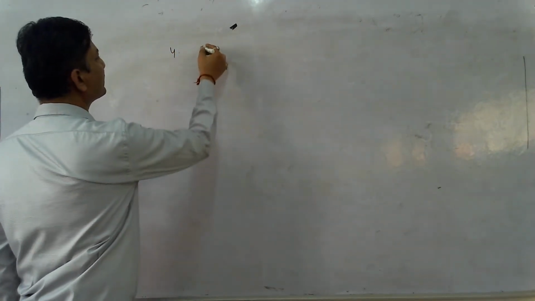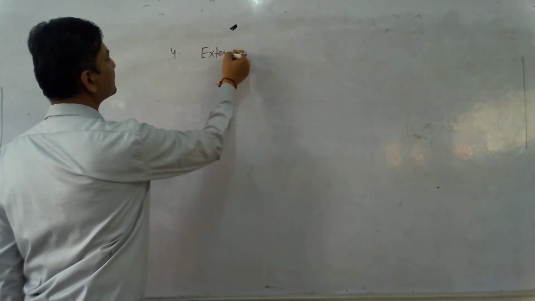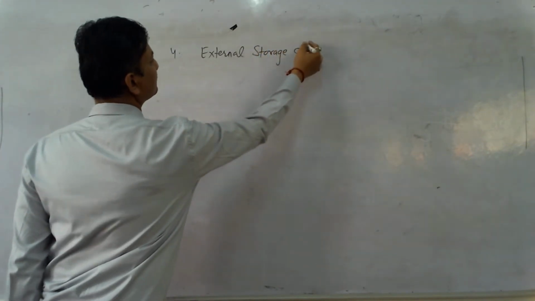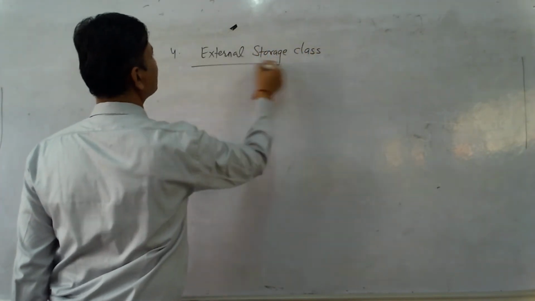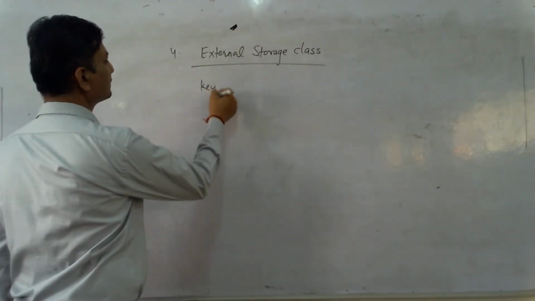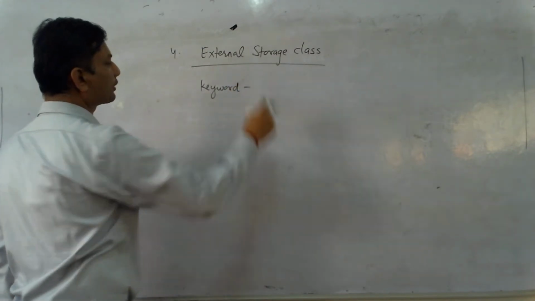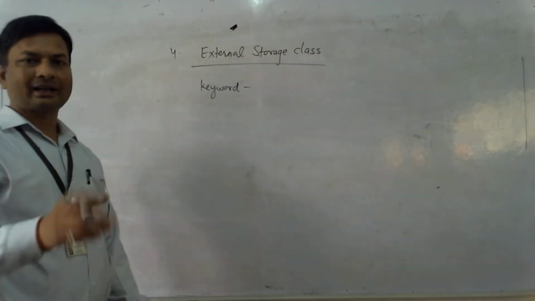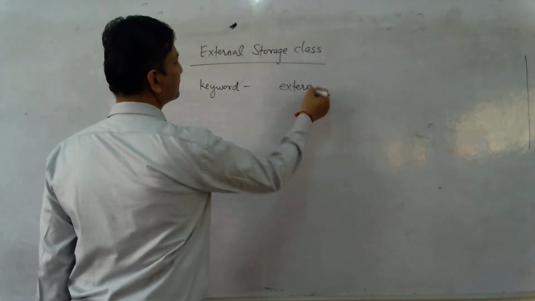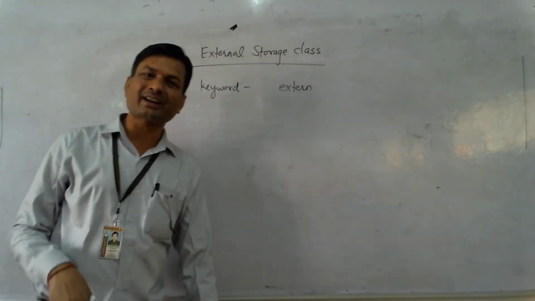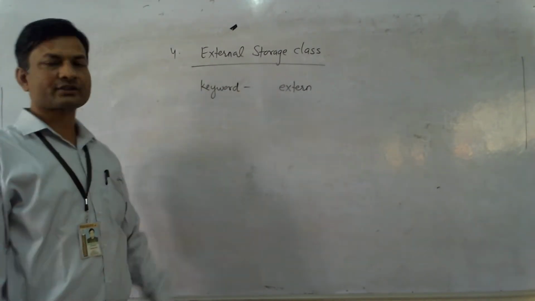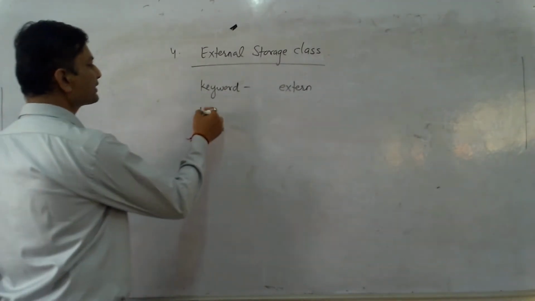So the fourth one is external storage class. Keyword for the variable that belongs to external storage class is extern. So we are required to write extern if we want a variable to belong to external storage class. So what is the default value?